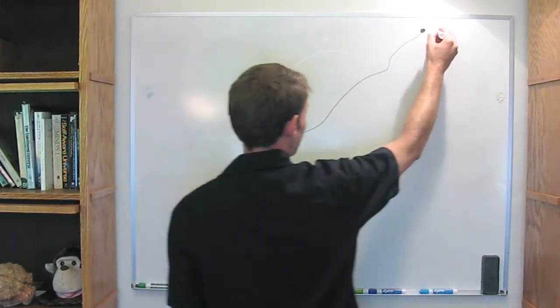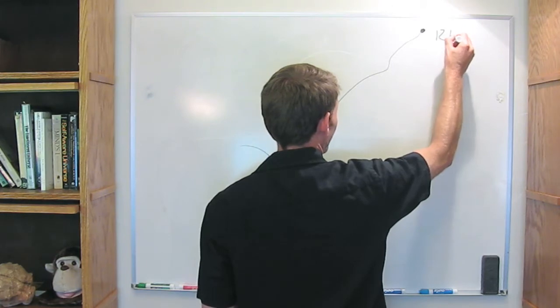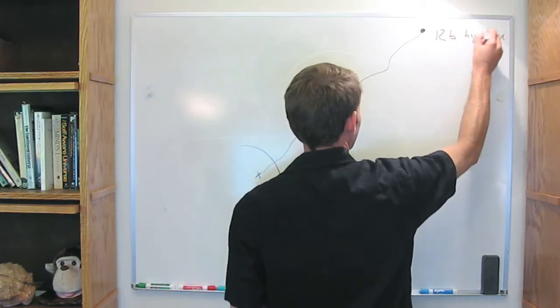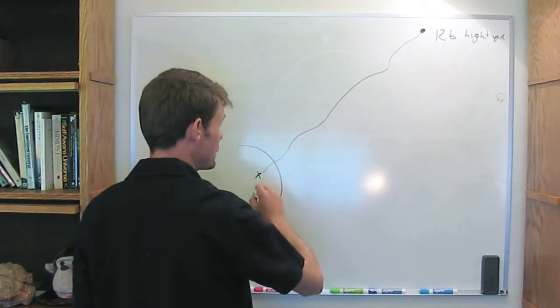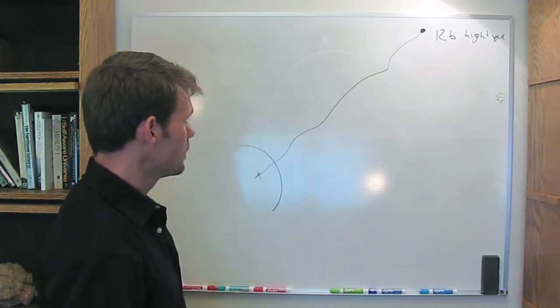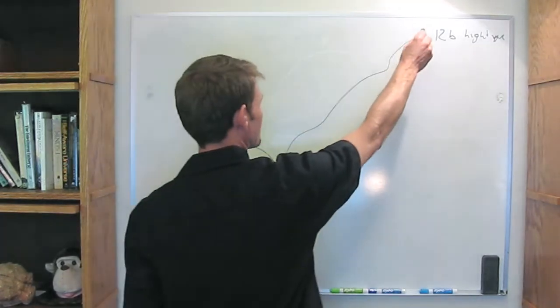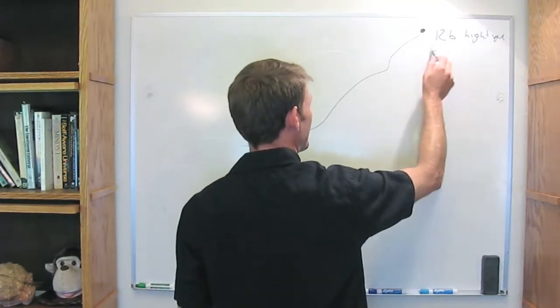If you think about this as being 12 billion light years, it's highly unlikely that this ray, whatever it is, could travel directly to the Earth in a straight line, in a direct line from 12 billion light years away.